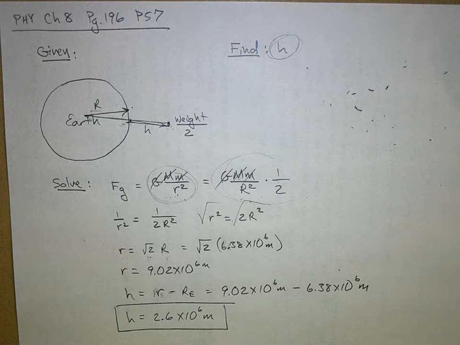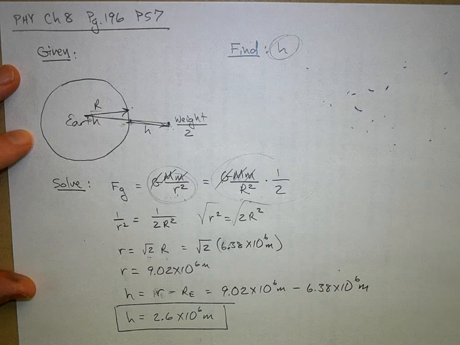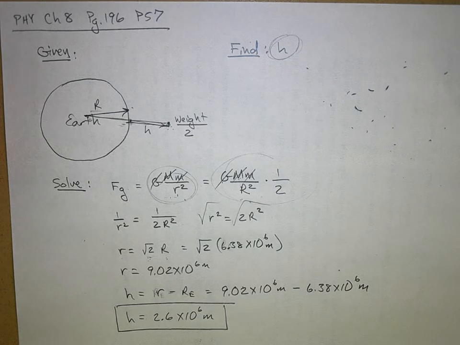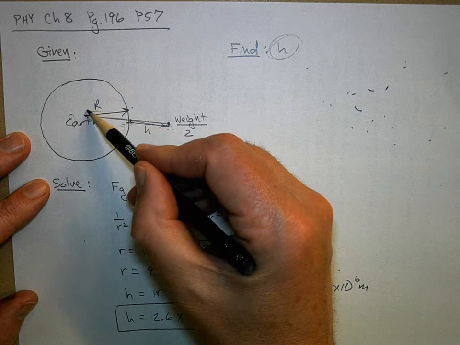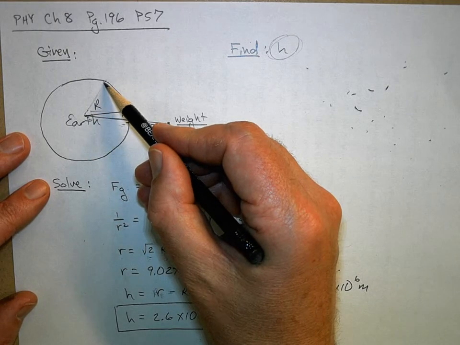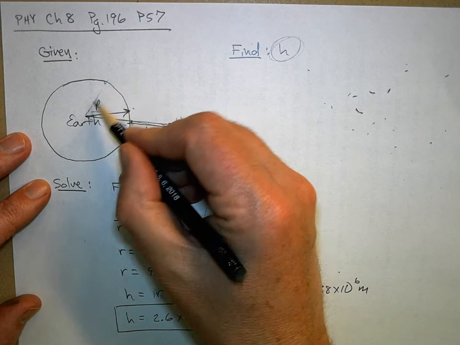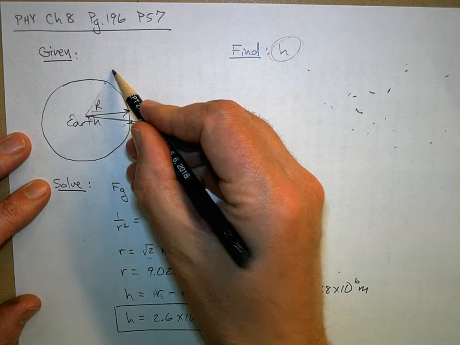Now on this scale, I want you to think about it. If this is the scale of the Earth, I actually drew it farther out than I should have, because this is 2.6. Now this is about 6, a little over 6. So it's not quite half again as far. Let me redraw it.